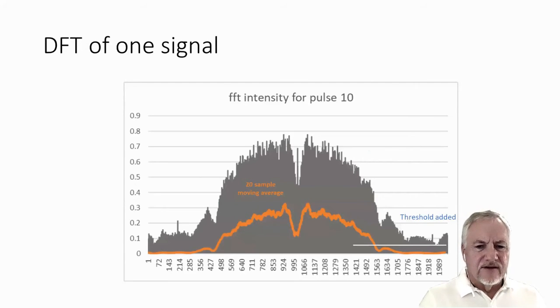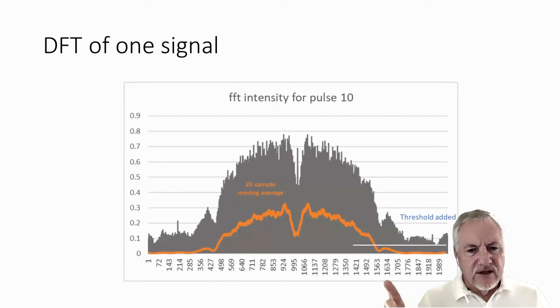So you can see that threshold just in the white right here. That threshold for this particular case happens to be right where I draw this white line. So we're going to apply that. That's adjusted for this average curve, of course.